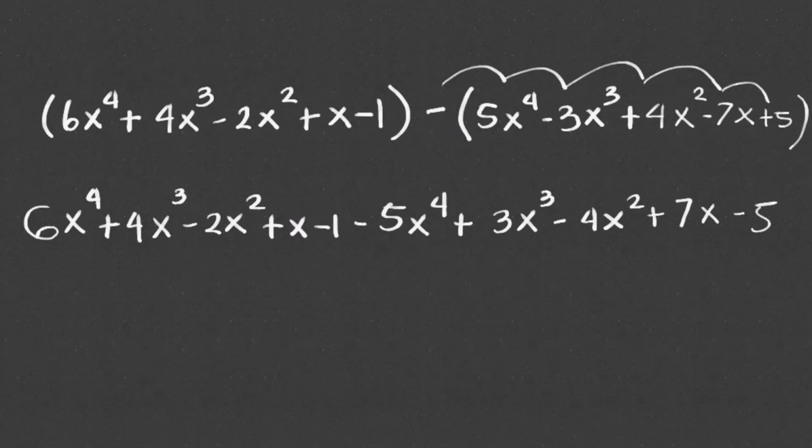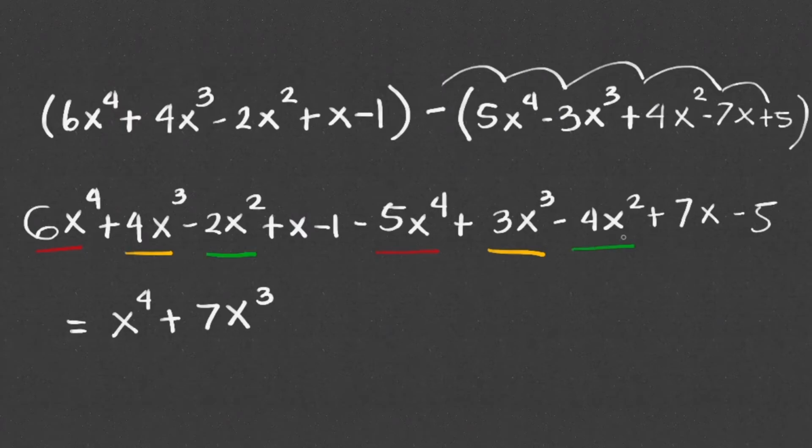So now all we're gonna do is to find like terms, and we're gonna add and subtract them. Let's start from the highest degree to the lowest. So 6x raised to the fourth minus 5x raised to the fourth is equal to x raised to the fourth. 4x cubed plus 3x cubed is equal to 7x cubed.